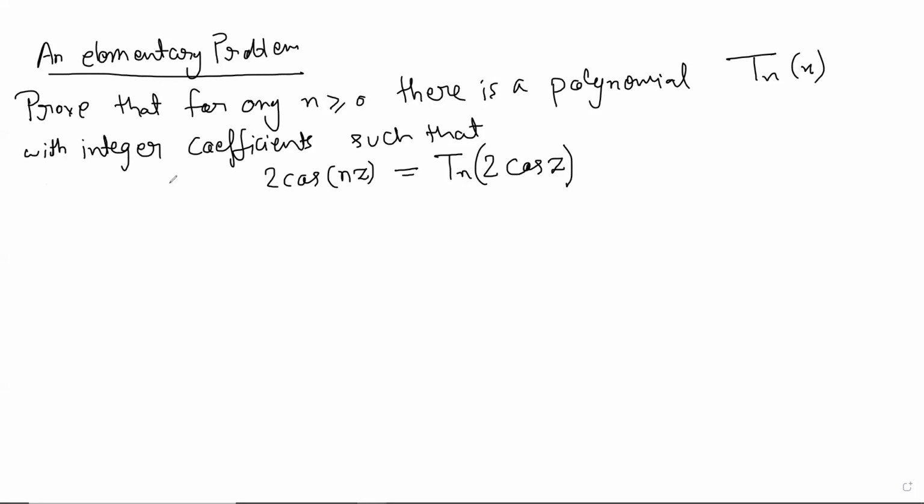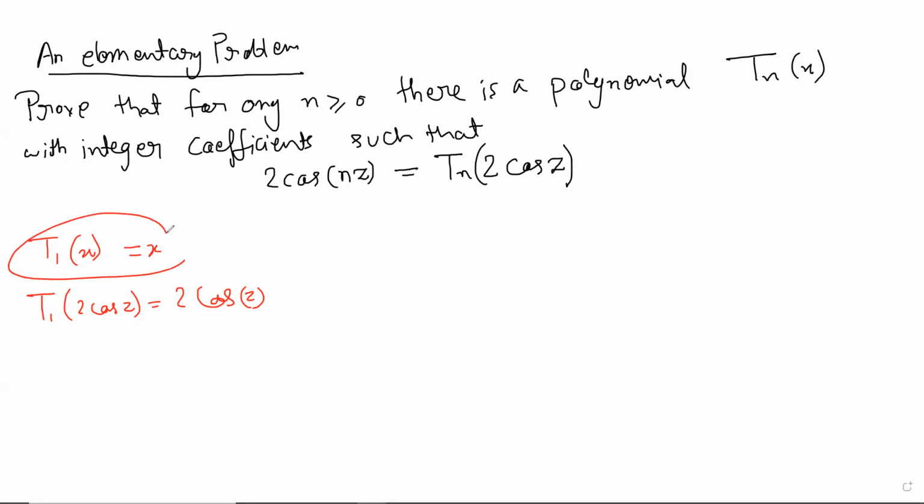T1, right? So what would T1 be? T1 of 2 cos z. In some sense, this is the identity polynomial.